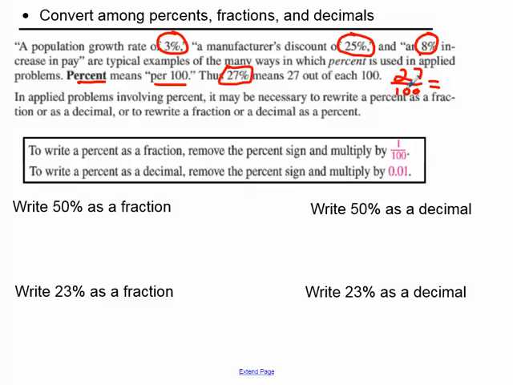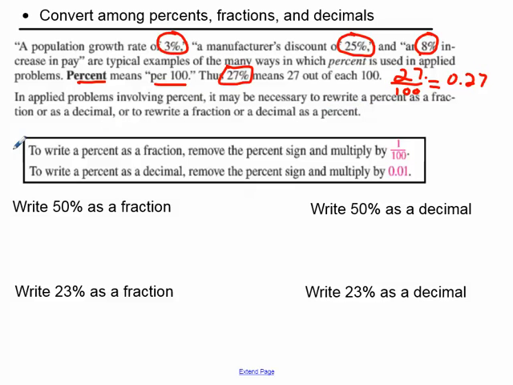We could also say that 27 divided by 100 is, well, if we divide by 10, we move the decimal point one spot to the left. If we divide by 100, because there are 2 zeros, we move the invisible decimal point 2 spots to the left, and that would be 0.27. So we've started with 27%, converted into a fraction by replacing that percent with a divided by 100, and we can reduce that fraction, or we can say it's 0.27, just move the decimal point 2 spots.